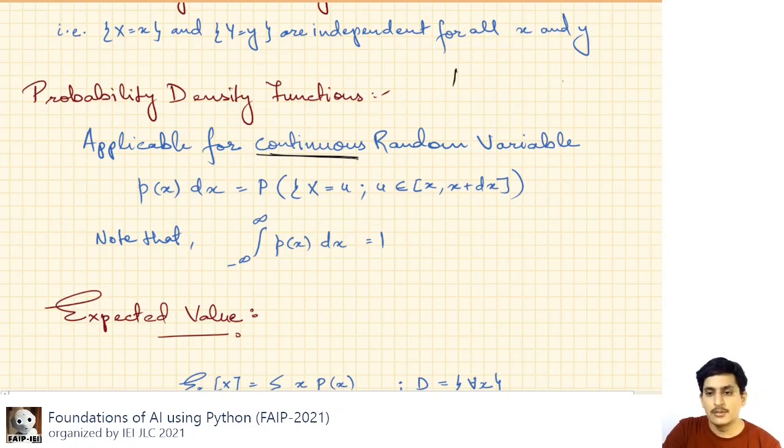Given this particular axis, if x can take only these values, then it is a discrete variable. Let's say this is 1, 2, 3, 4, 5, 6. I decided some values. They may not be exactly 1, 2, 3, 4, 5.